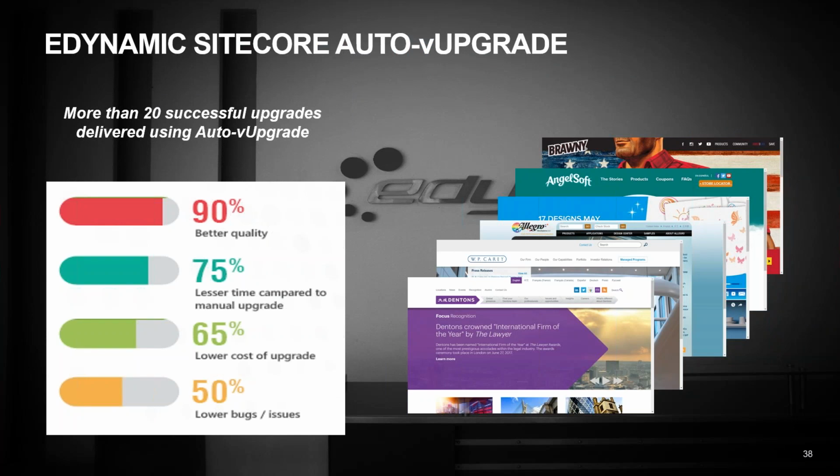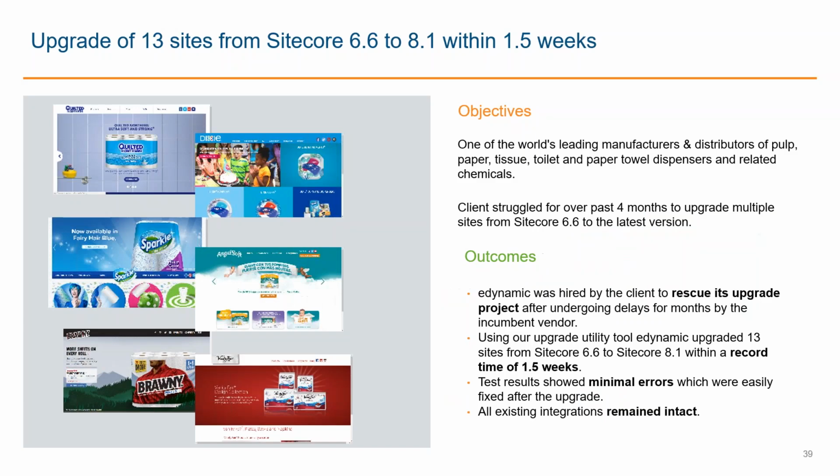The results are really promising compared to manual upgrades. The numbers we are displaying here are in comparison to manual upgrades. The tool can save a lot of time, more than 75% of it, and in terms of quality, it is 90% better. So it really helps marketers save a lot of time and budget, and then we can plan for more critical initiatives post-upgrade.